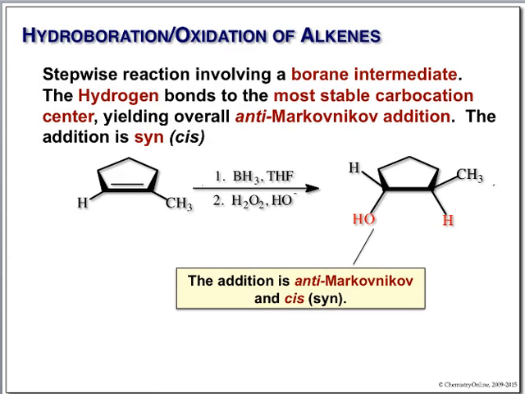Hydroboration oxidation. If we looked at this alkene here, and we did either hydration or reaction with mercury 2 acetate, we would get Markovnikov regiochemistry, right? That means the hydroxyl group would bind here. What if we wanted the hydroxyl group here?